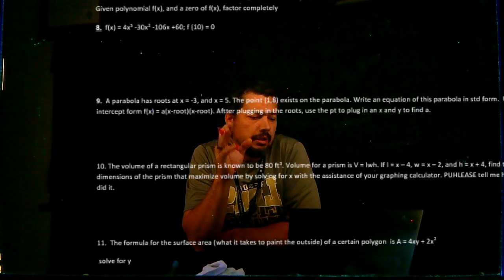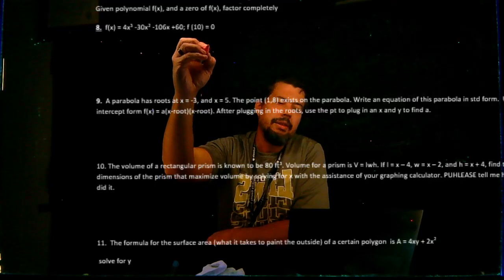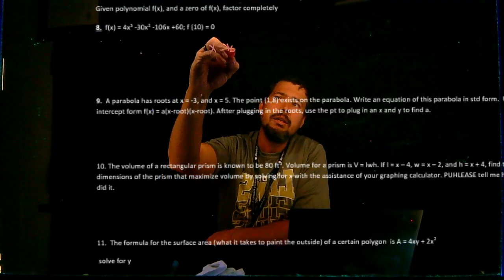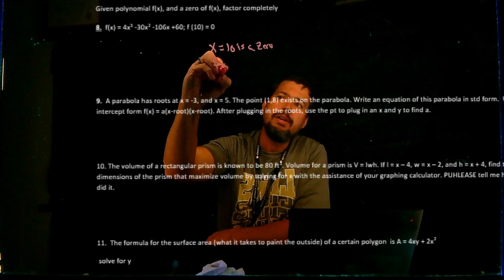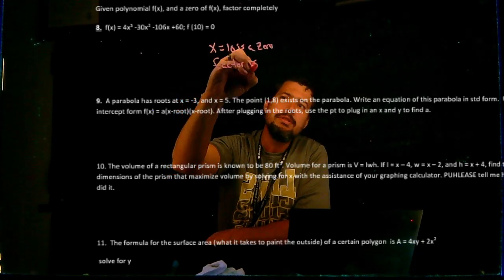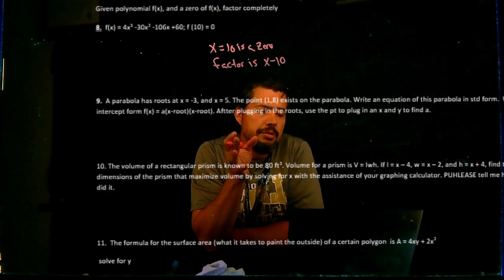All right, so on number 8, we have function notation. You'll notice it says f of 10 is 0. That means that x equals 10 is a 0, which means the factor is x minus 10. So what we're going to do is we're going to do our long division with x minus 10.